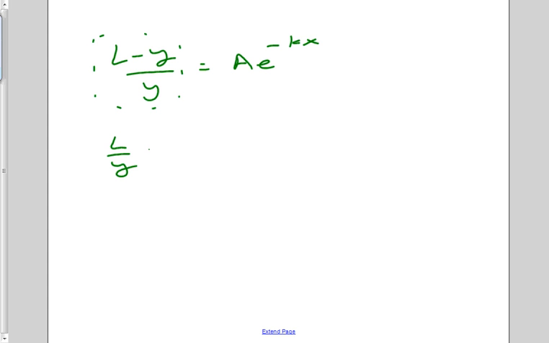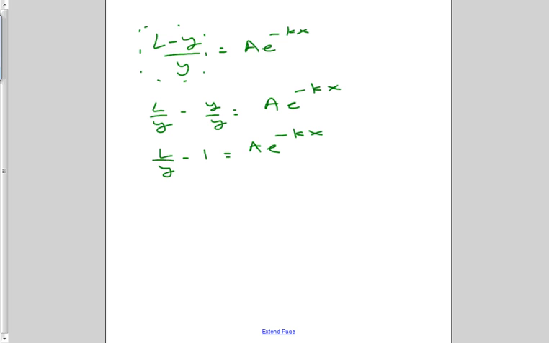L over y minus y over y equals A e to the negative kx. Y over y is just 1, so we have L over y minus 1 equals A e to the negative kx. Now let's get this y all by itself. First thing we're going to do is move this 1 over.